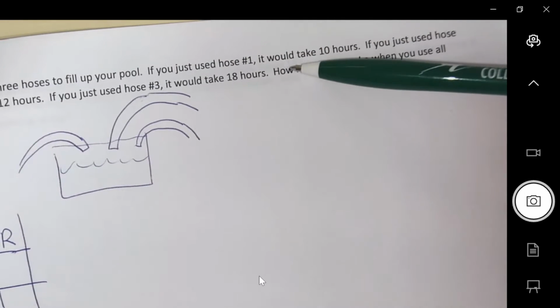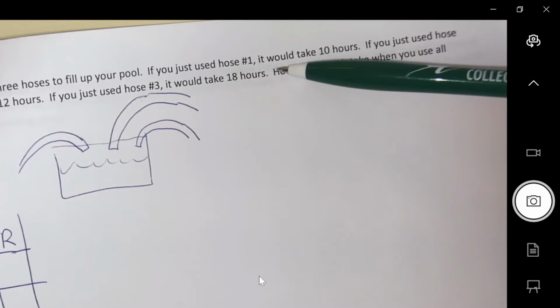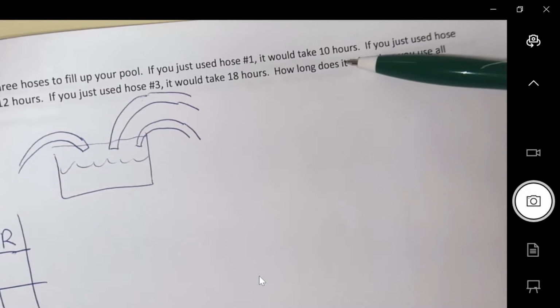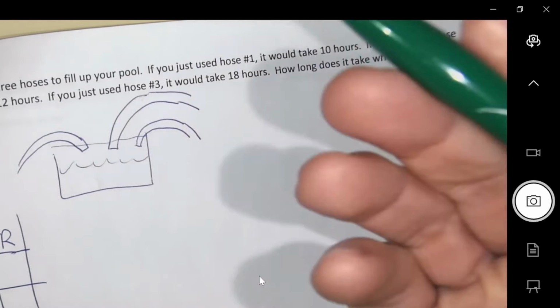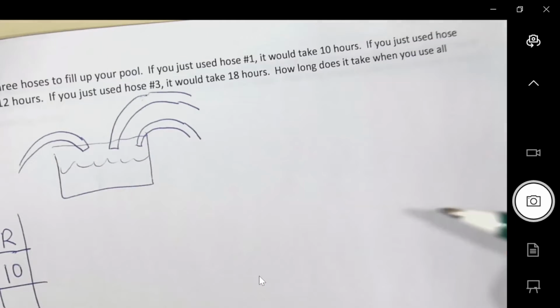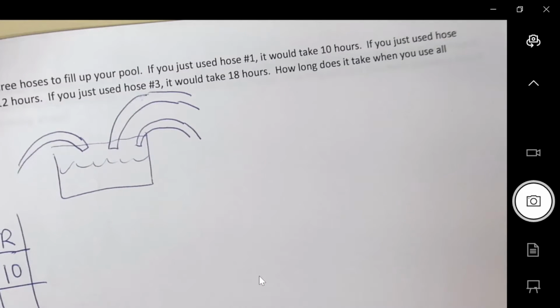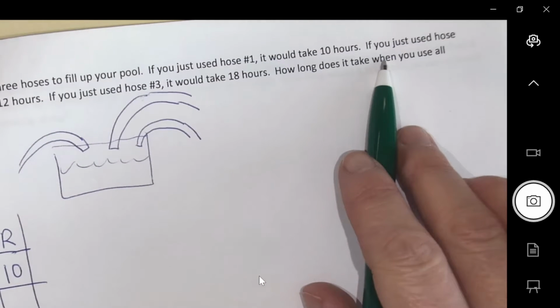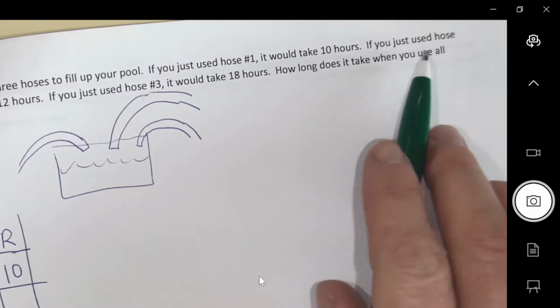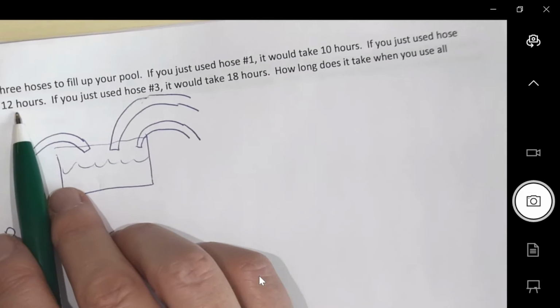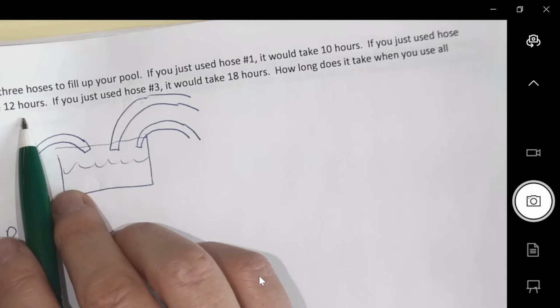Okay, this says, if you were to only use hose number 1, it would take 10 hours. Wow. Is that a time or a rate? A rate. 10 hours is hose 1's rate. Next, if you are to just use hose 2, it will take 12 hours.